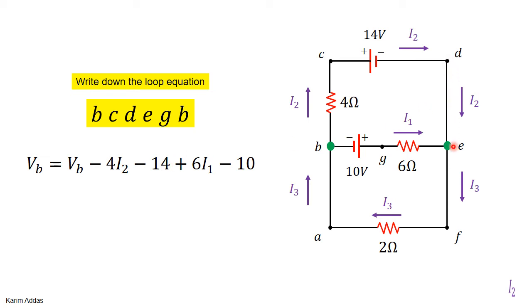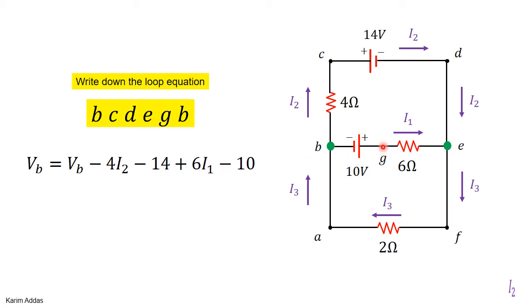Then I go from D to E, nothing happens to the potential. When I go from E to G, when I arrive at G, is the potential larger or smaller than E? Remember, based on this direction of current, the current goes from high to low. So the potential at G is bigger than the potential at E. By how much? By 6I1.